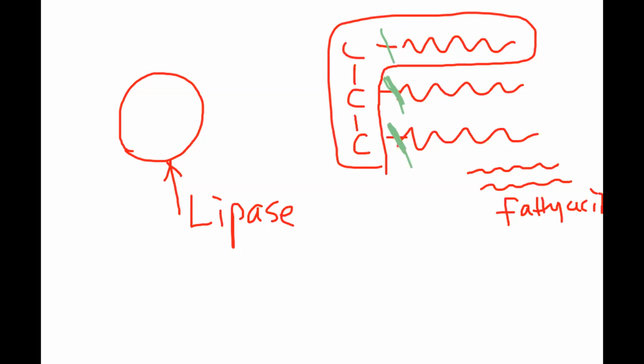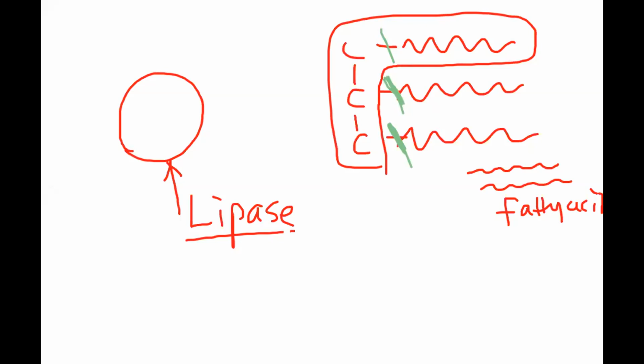So for fat digestion, the first part is to turn the triglyceride into fatty acid, glycerol, and monoglyceride forms. The enzyme which chemically digests the triglyceride is called lipase.